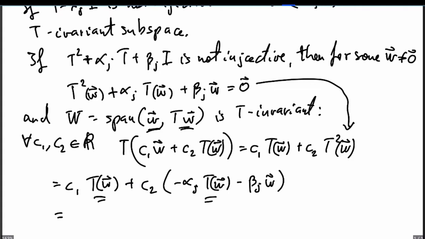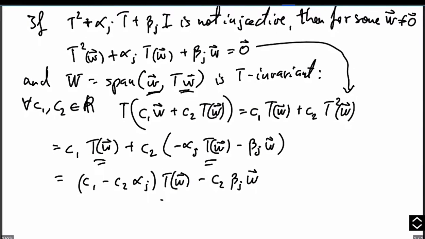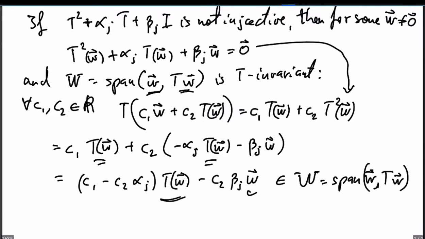So t w collected together, we get c1 minus c2 alpha j times t w, and the other term is minus c2 beta j w, which is another linear combination of these two vectors, w and t w. So that means this is also in the span of the two vectors.